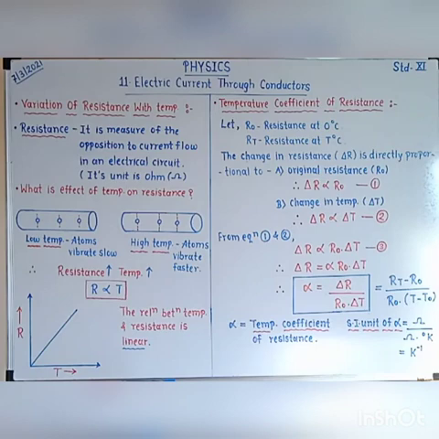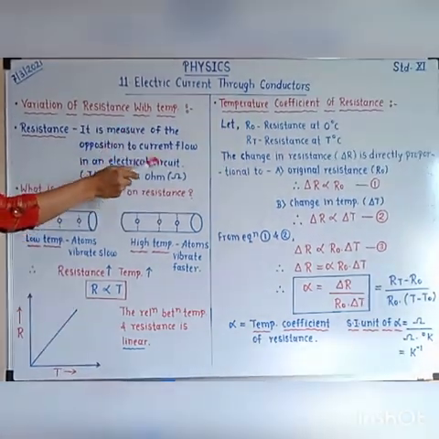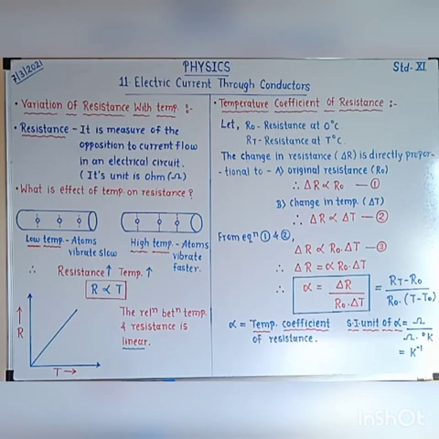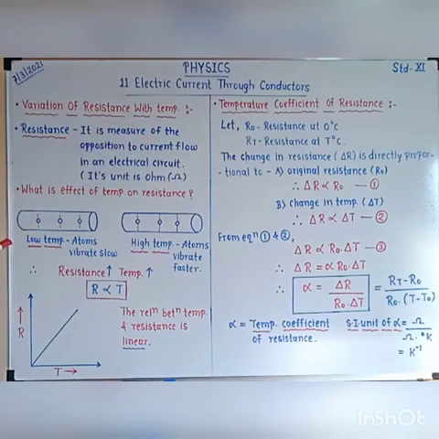First of all, we will see the definition of resistance. Resistance means it is the measure of the opposition to current flow in an electrical circuit. Now electric current means it is the rate of flow of electric charge.